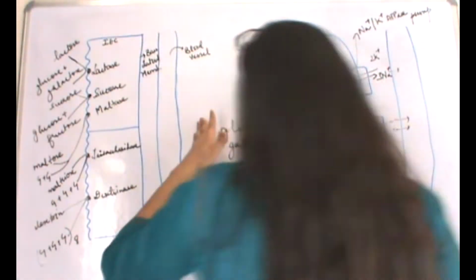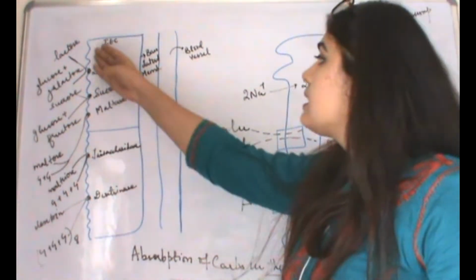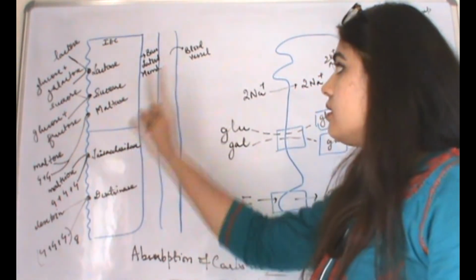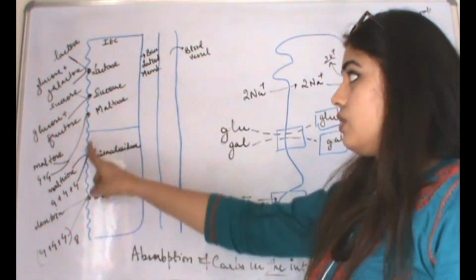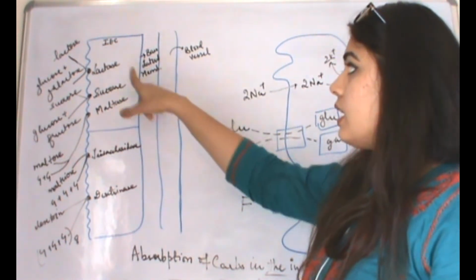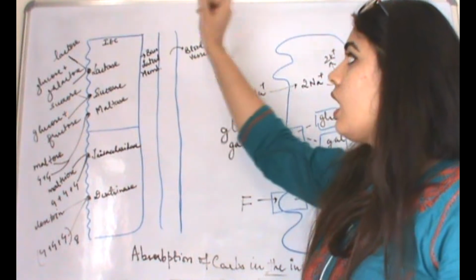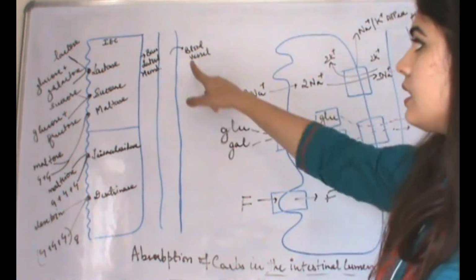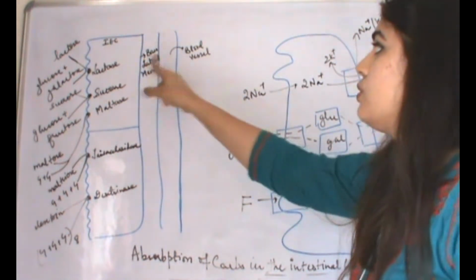In this part we have been shown the surface of villi, these ridge-like structures, and this is the basolateral membrane. And this is the IEC, and these are the blood vessels which absorb it.